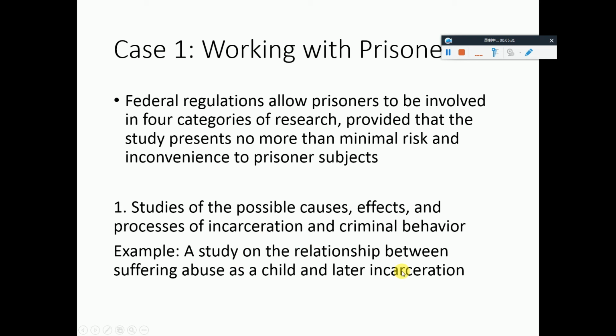In other words, this study tries to find out whether or not childhood experience is related to later behaviors that might cause the person legal problems. So this study will be allowed, given that the study meets other IRB approval criteria.